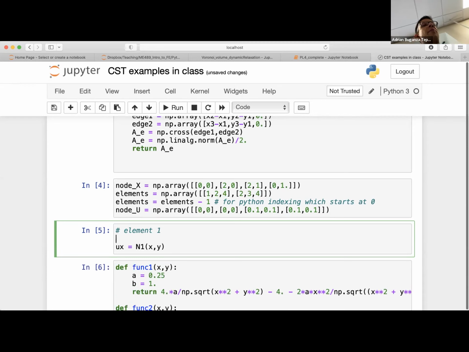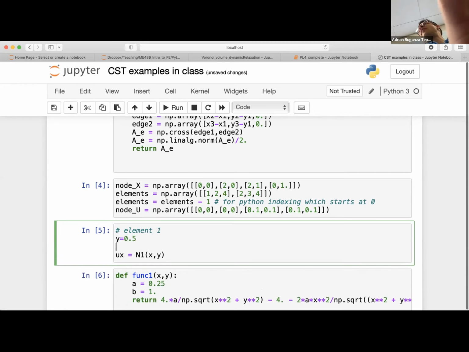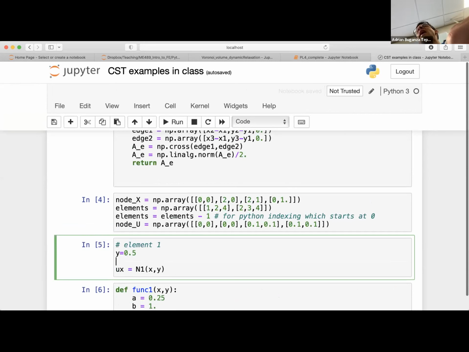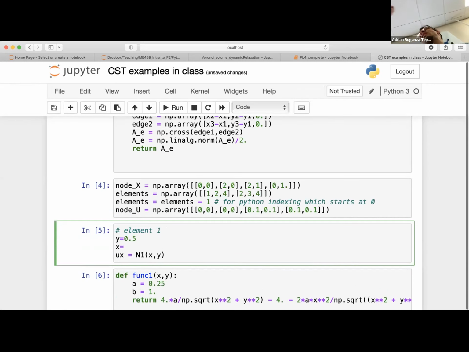So for example, I want to evaluate at y equals 0.5. And for x, it wants to evaluate at multiple x's. So I would just create an x from 0 to, I think it goes to probably 1. Let's say 100 points.